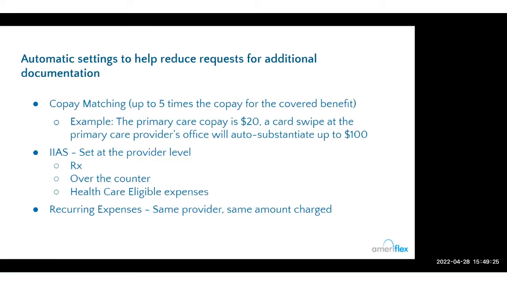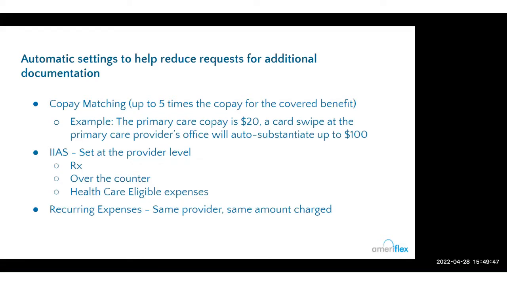One, if you don't have an HRA and you just have an FSA, or you have an FSA and HRA at the same time, you're going to need to provide substantiation for that claim, because FSA expenses for the prior year aren't eligible after April 1st unless you had a rollover balance.